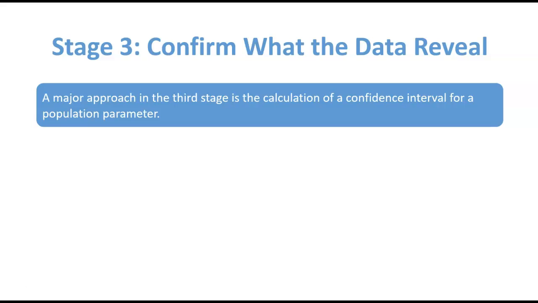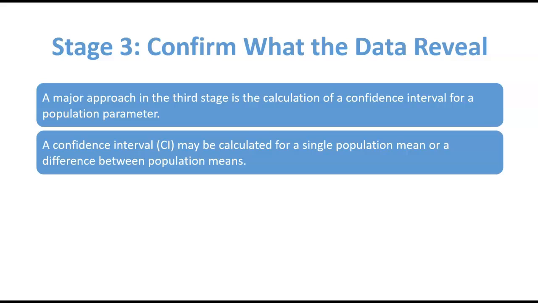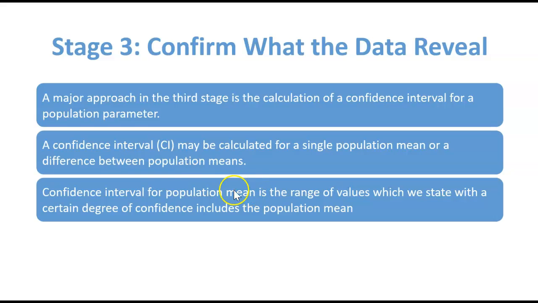So one approach to this is to calculate confidence intervals for a population. The interval can be calculated, and you really have to start by having an image of a normal distribution in your head. So imagine a bell curve while you're thinking about these ideas. We may look at a single population mean, or we may be looking at the difference between population means, such as between groups.